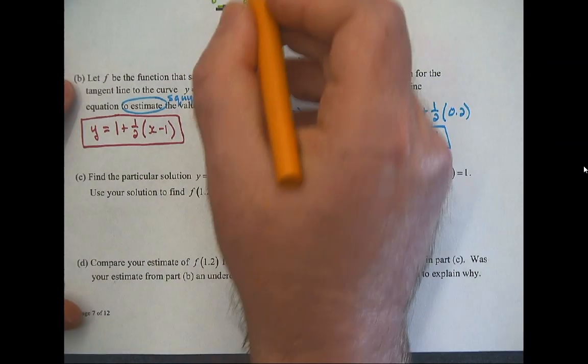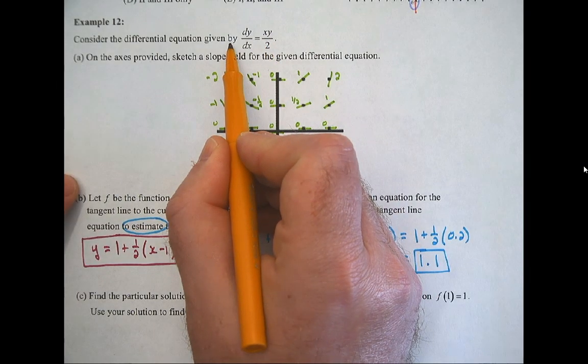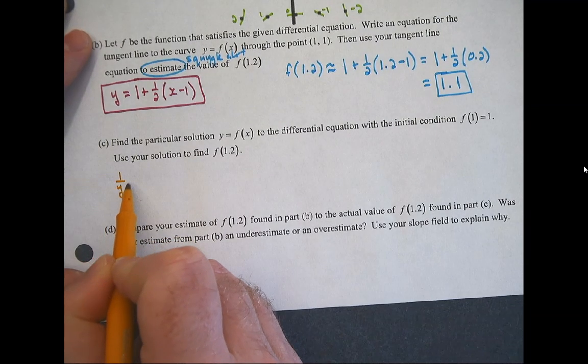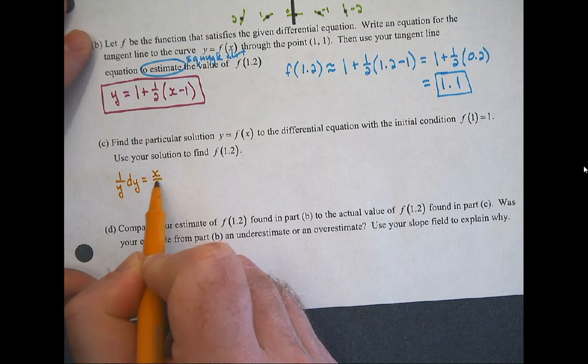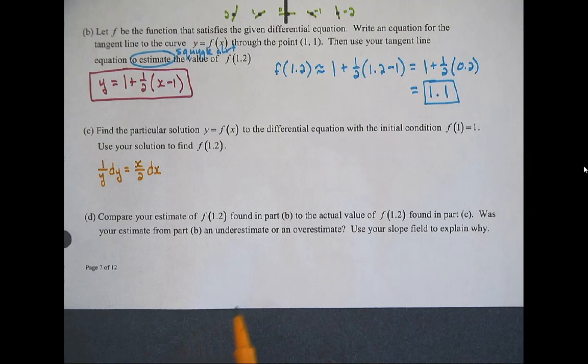So I'm going to separate, first of all, that's 1 point in and of itself. I'm going to bump the y to the bottom and the dx to the top. So I would have 1 over y dy equals x over 2 dx. Now I would integrate both sides.